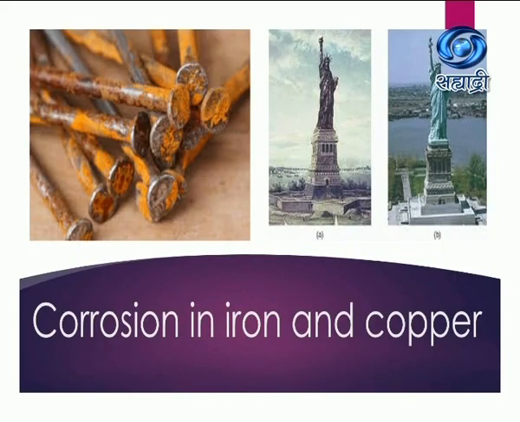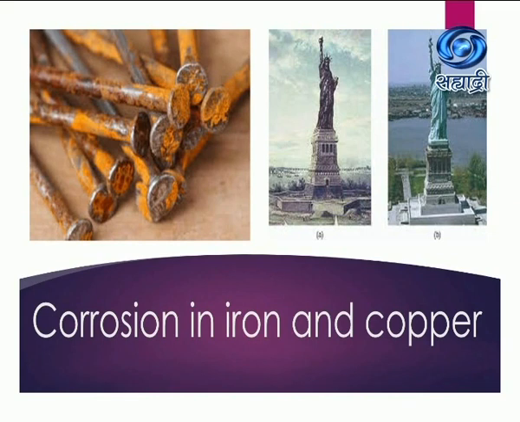Here you can see the examples of corrosion in iron. This is a very common sight at our homes. Here you can see the nails are completely corroded or rusted. If this type of material is used for construction purposes or any other purpose, obviously it will not give you the proper strength.